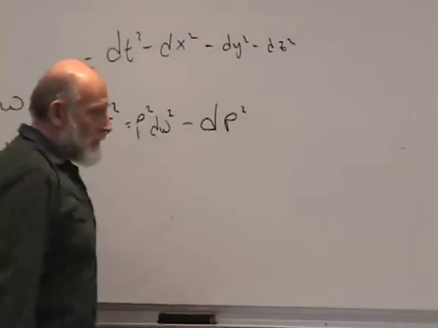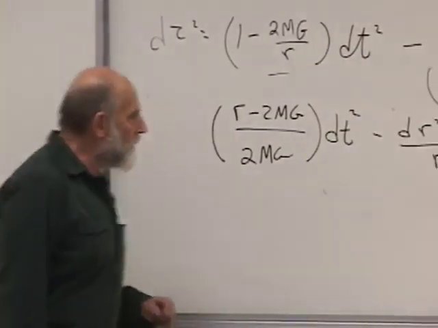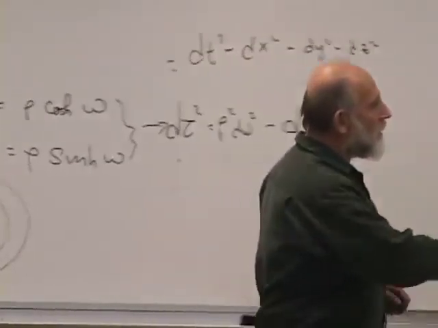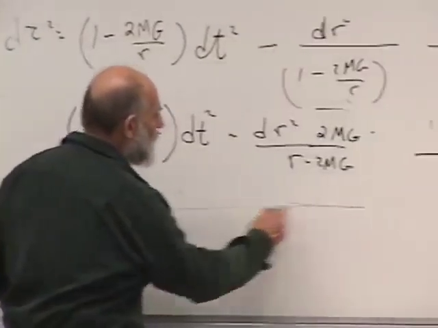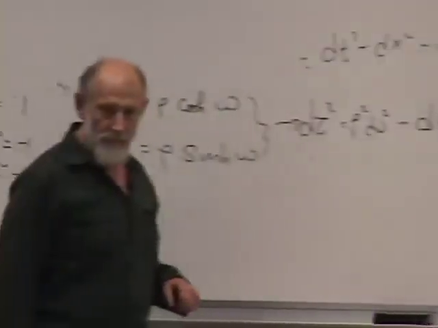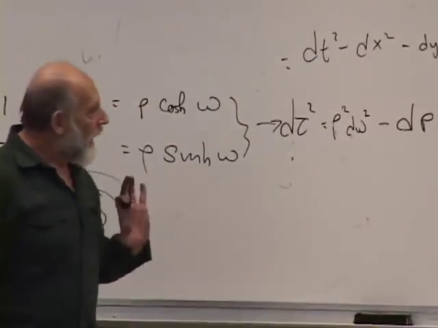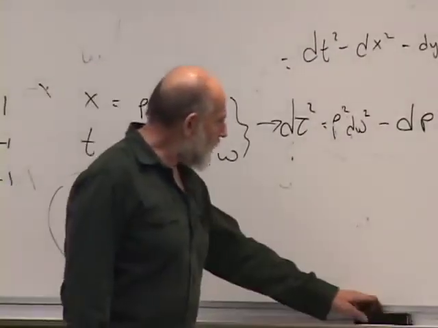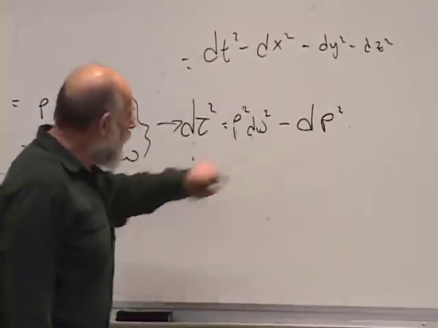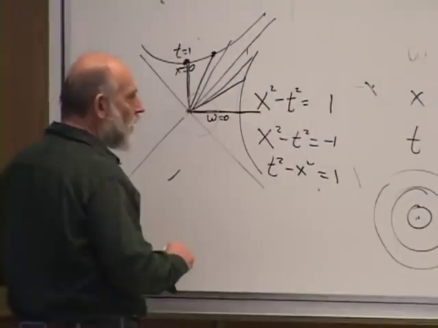And my claim is that by a smart change of variables, I can make this metric over here, these two pieces of it, look exactly the same as this, close to the horizon. All right? How can we do that? Well, the trick is to realize what rho is. Rho is the proper distance from this point over here.